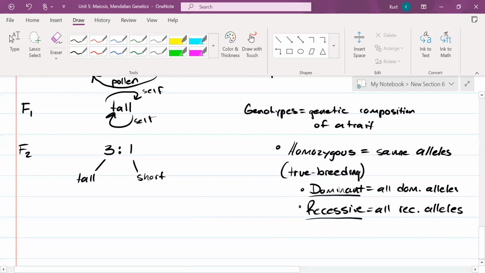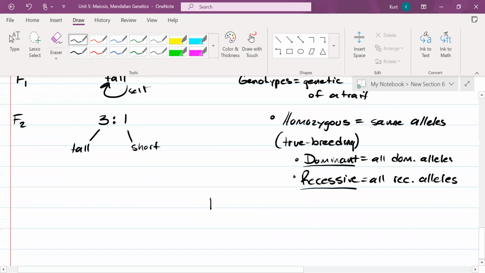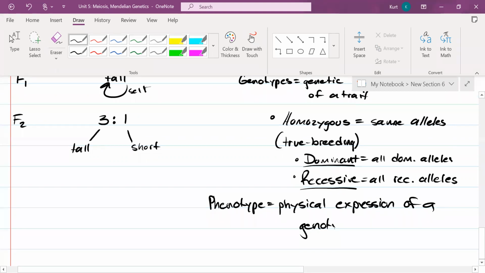All right. Then we have phenotype. Phenotype is just the physical expression of a genotype. So when I'm saying tall and short, those are phenotypes. And when I say homozygous or heterozygous, that would be genotypes.